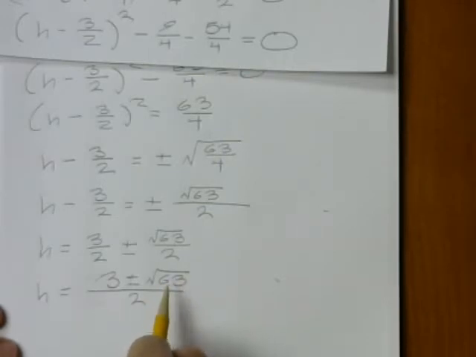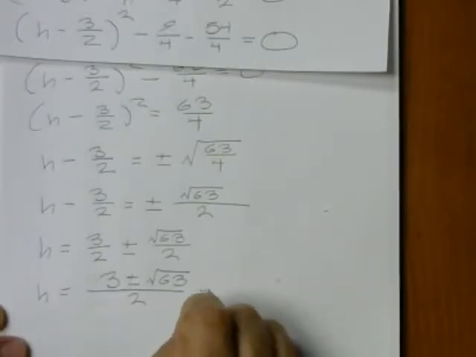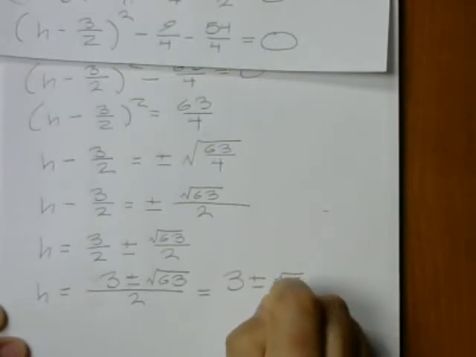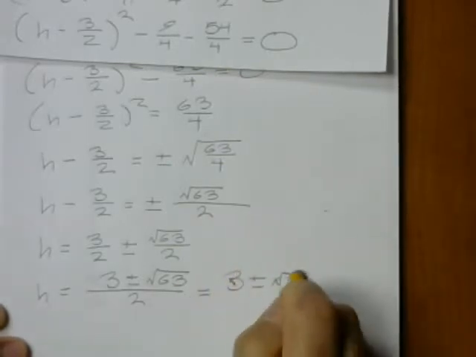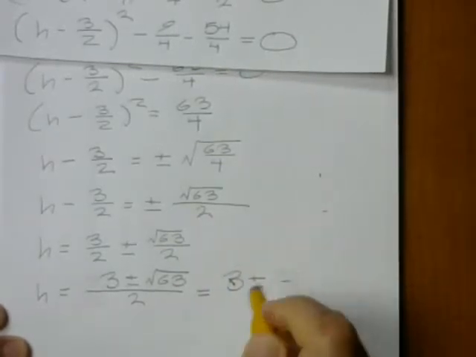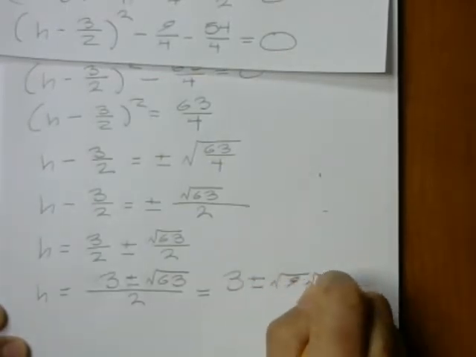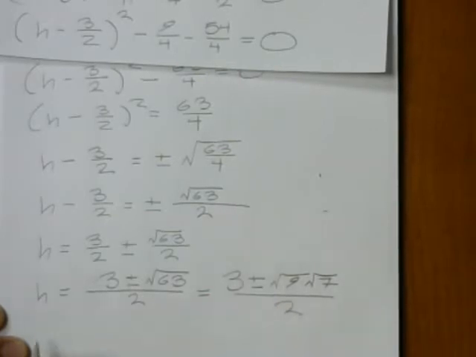And I know what the root of 9 is. So this is actually the root of 9 times 7, which is root 9 root 7, which is equal to 3 plus or minus 3 root 7 over 2.